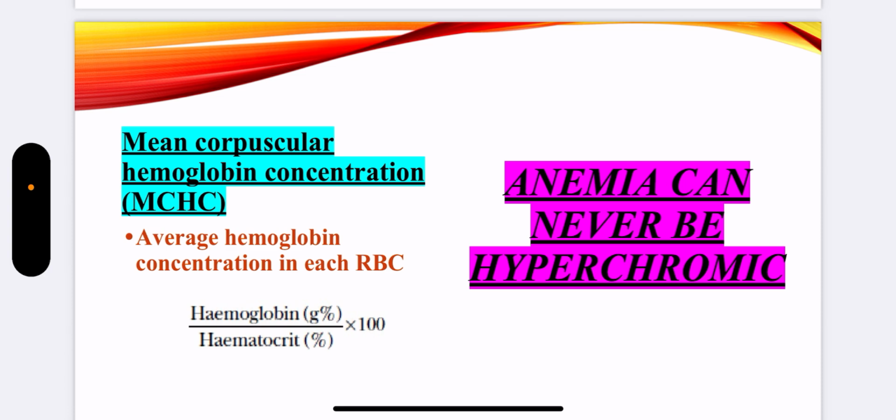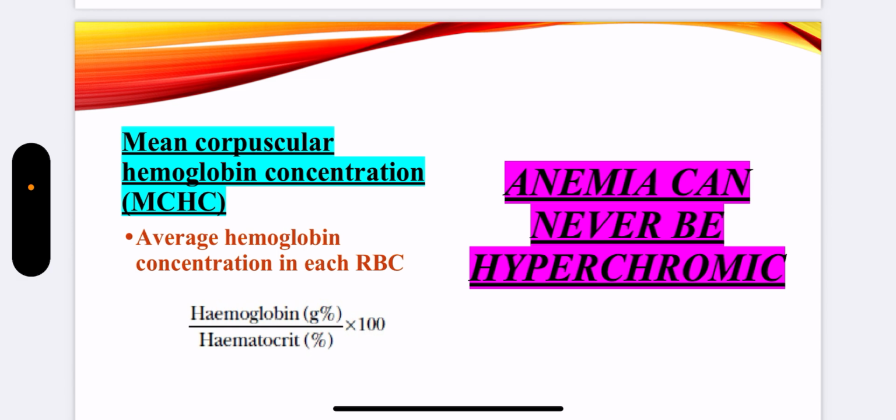Normal value of MCHC is around 34 gram per deciliter in both males and females. So whenever MCHC is normal, we will say RBCs are normochromic. When it is lesser, we will say hypochromia is there.